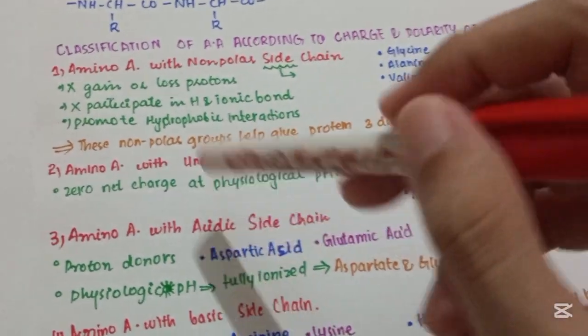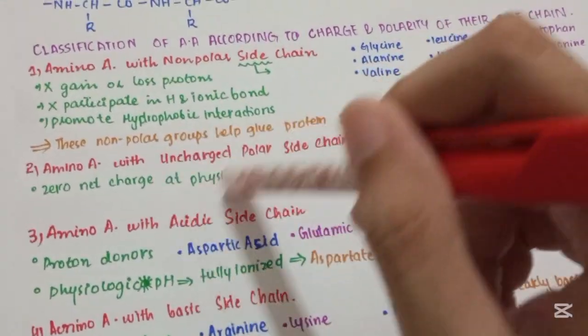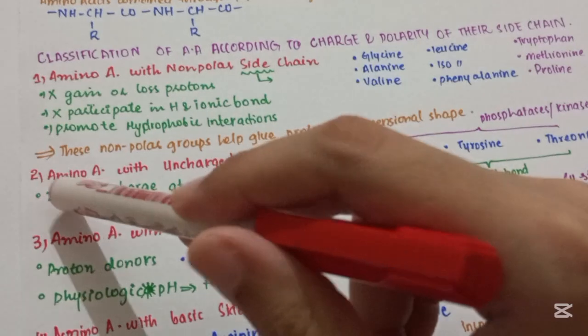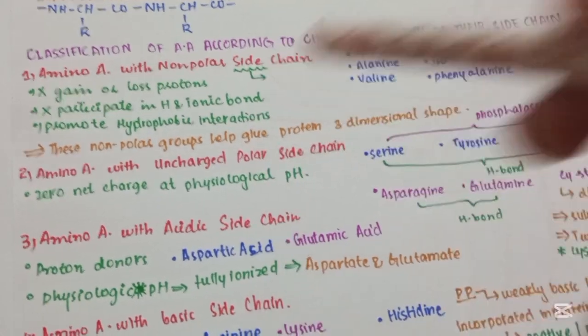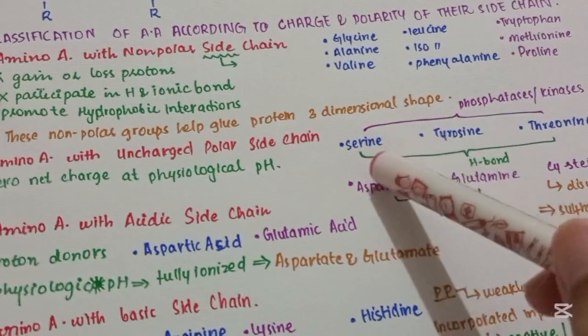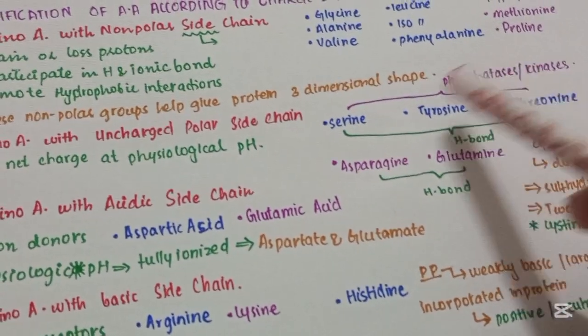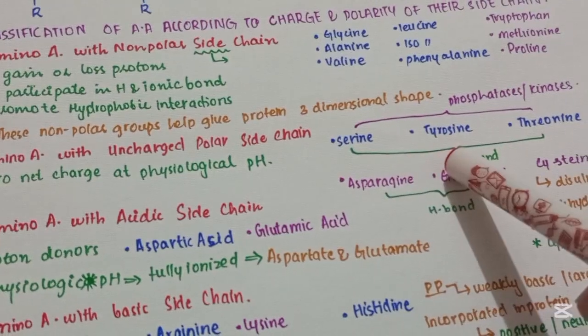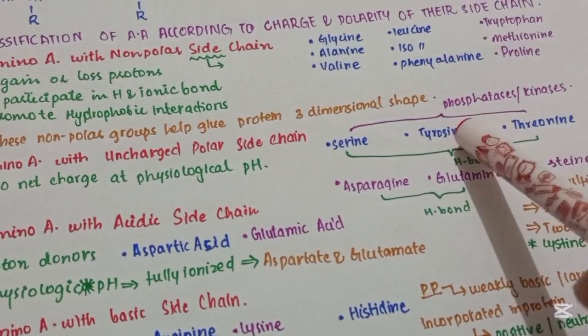Our second category is the amino acids with uncharged and polar side chains. They are uncharged at physiological pH, that means zero net charge, but they have polar side chains. Here we have examples of serine, tyrosine, and threonine. These three amino acids have hydroxyl groups, which means that they are going to take part in hydrogen bond formation.